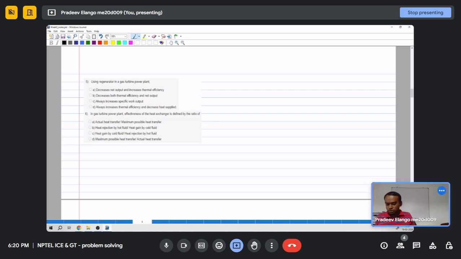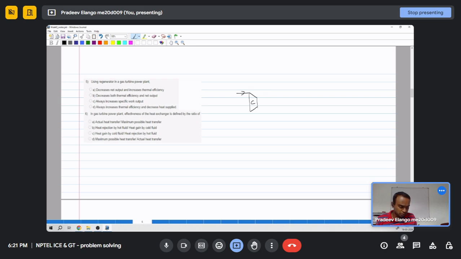No, no, no. See, if you decrease output, however, thermal efficiency will increase. So, do you know what a regenerator is in a gas turbine power plant? Yes, it will regenerate the air from the turbine and it will reduce the heat. We use the heat, right? Yes, sir.